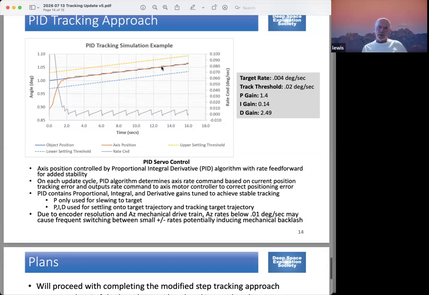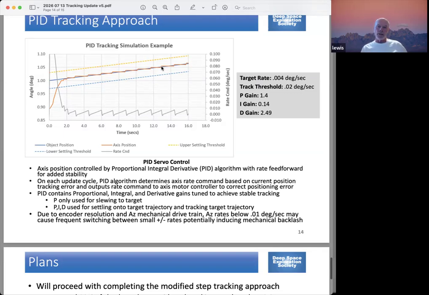Basically, we control the axis position through a proportional integral derivative algorithm. And we have this addition of rate feed forward, which, since we have knowledge of the object rates, we can feed that into the PID and make it a little more stable.